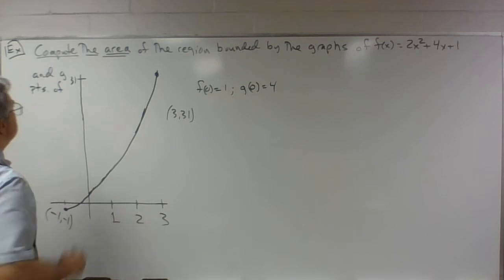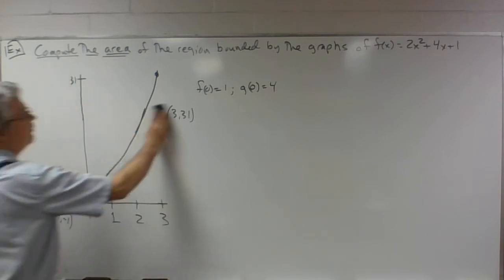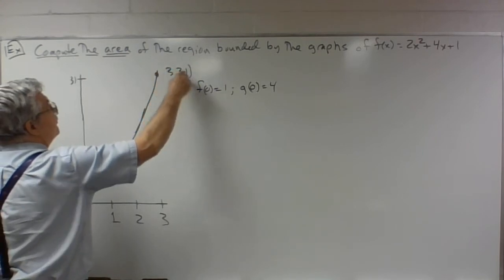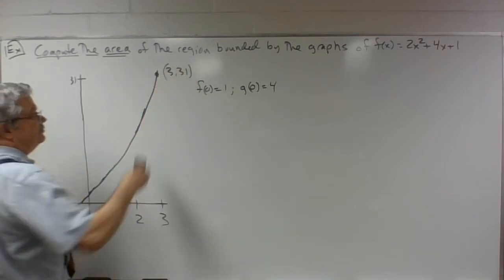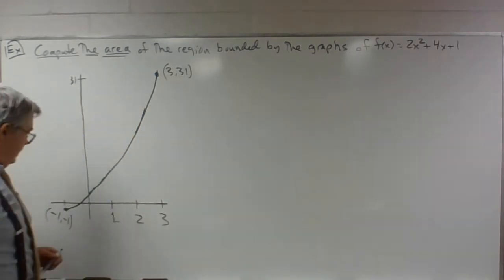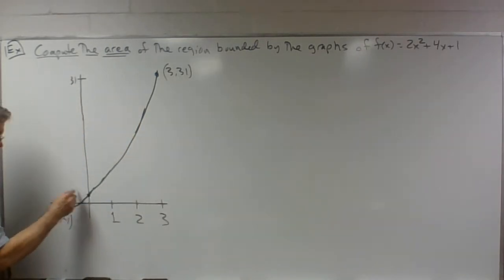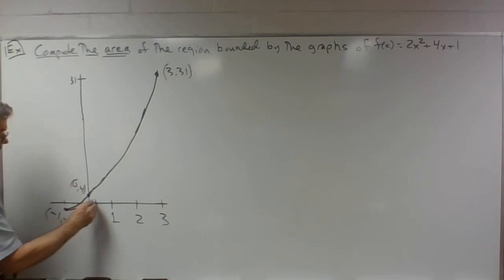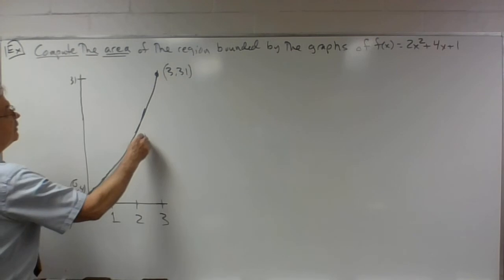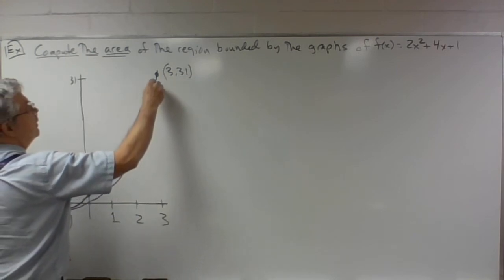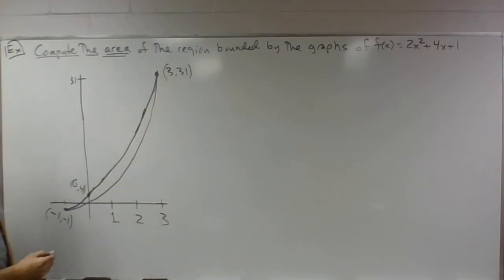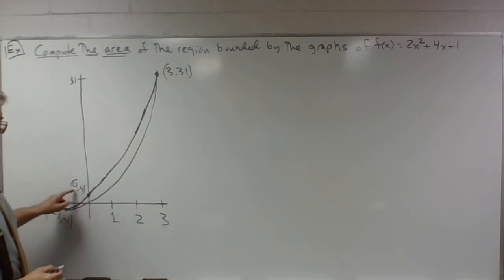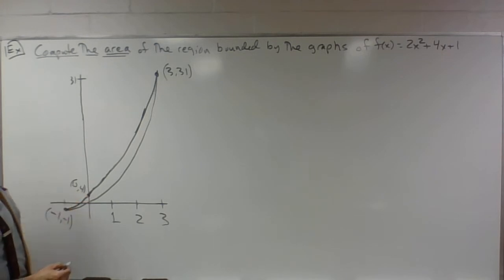There's my 31. And here's the point 0, 4 for F. And here's the point 0, 1 for G. Or vice versa, rather. Here's the point 0, 1 for F. Here's the point 0, 4 for G.